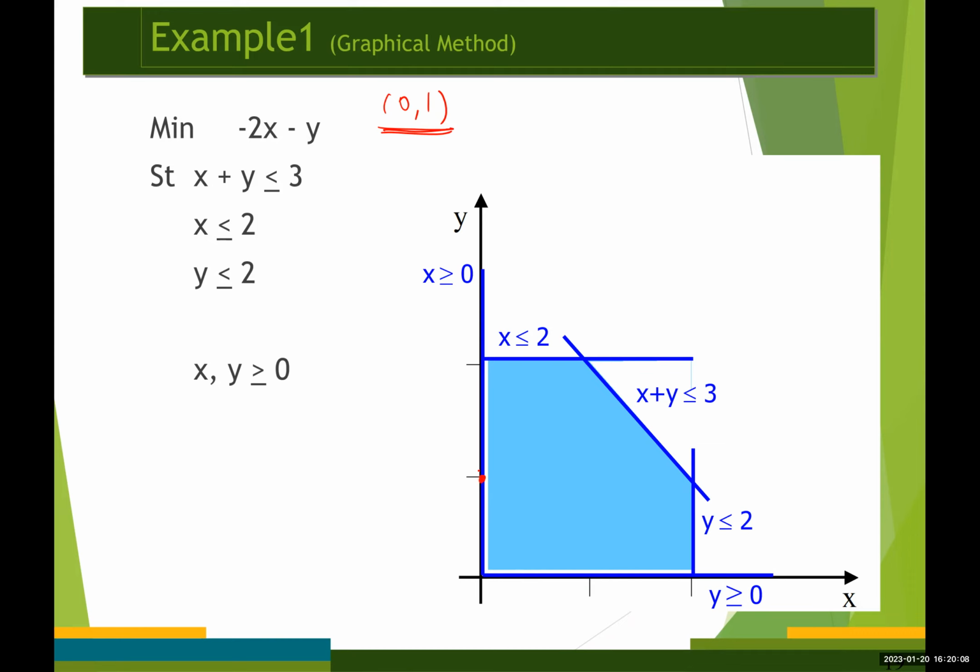And for (0, 1), the corresponding objective function value is going to be -2 times 0 minus 1. So how much is that? Is that going to be -3?